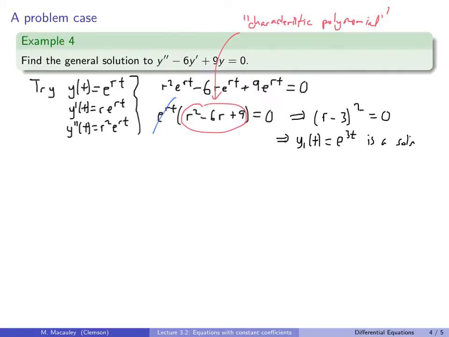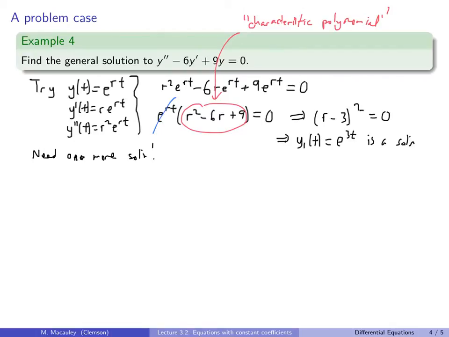If we want the general solution, our theory tells us that there's a two-parameter family of solutions, and unfortunately, we've only found one. So we need one more solution.